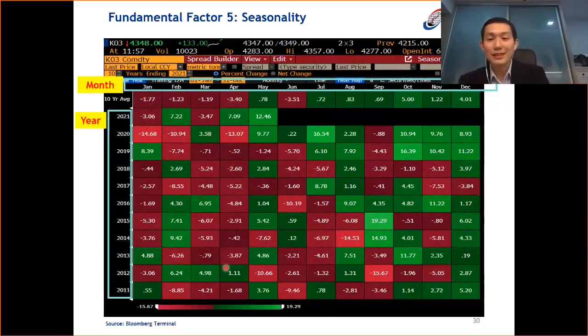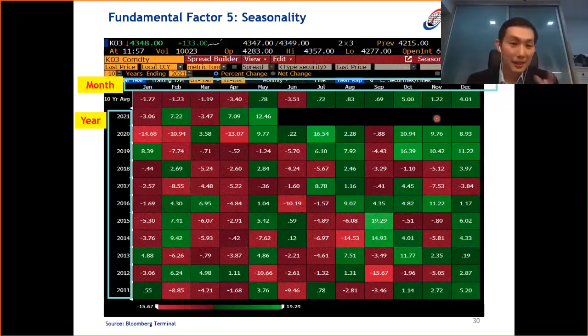What it means is that the whole month is actually trending downwards for usually the first half of the year. This is the first thing that I want to highlight. And the next thing is that the second half, the average over 10 years here, is all green, where the second half of the year is actually having an uptrend.